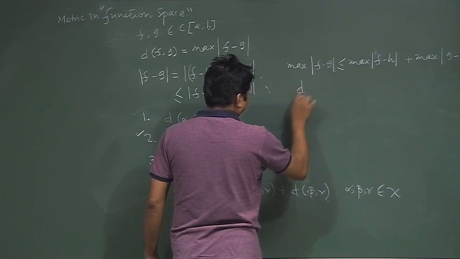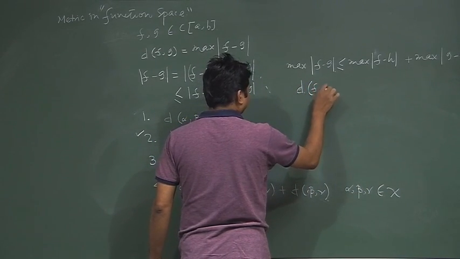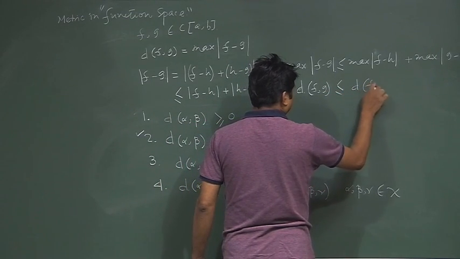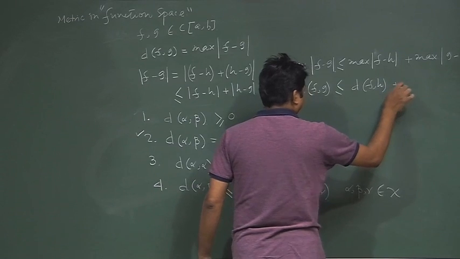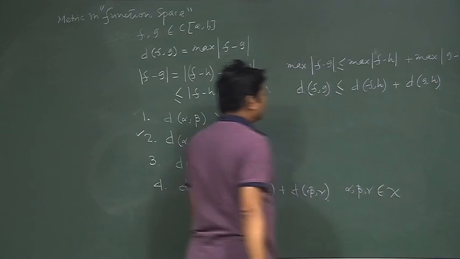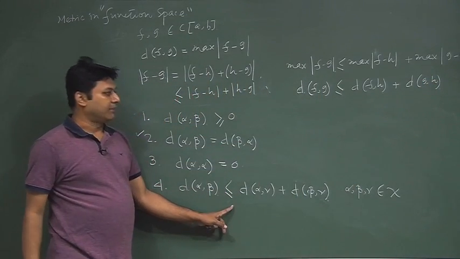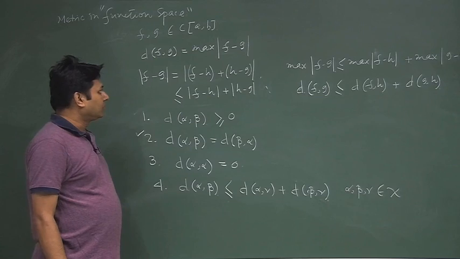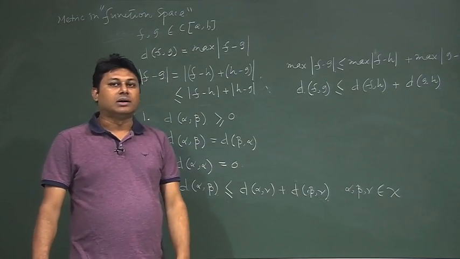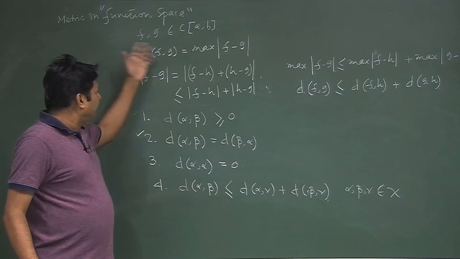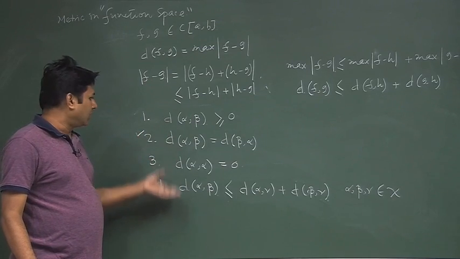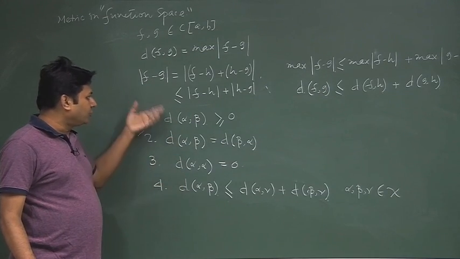This is my definition, this is f g. My definition, it is this quantity, and my definition, it is this quantity. So, these things and these things are same. So, that means in function space also we can define something which behaves like a metric, and these are the four properties that should be followed by this metric.